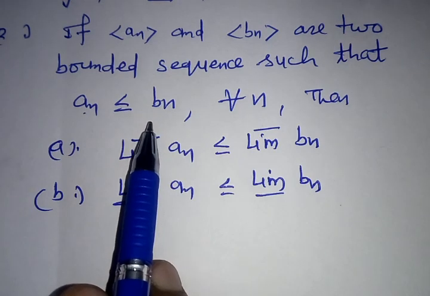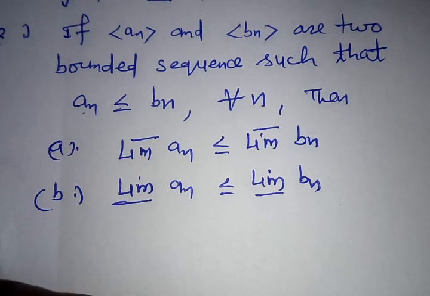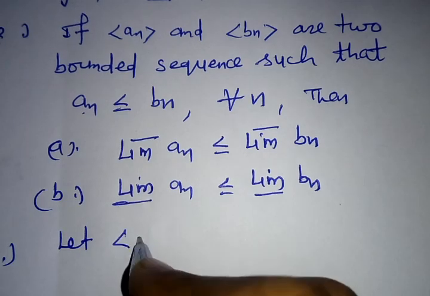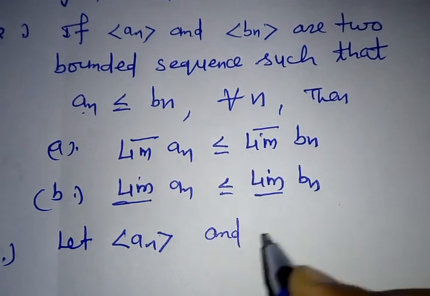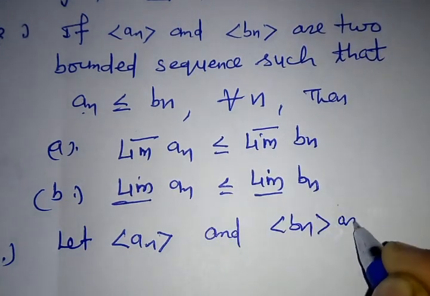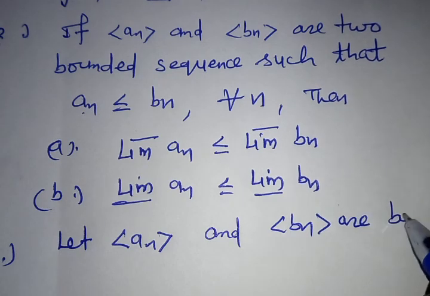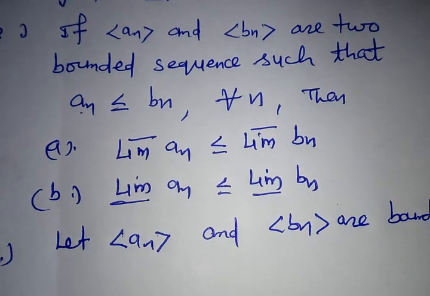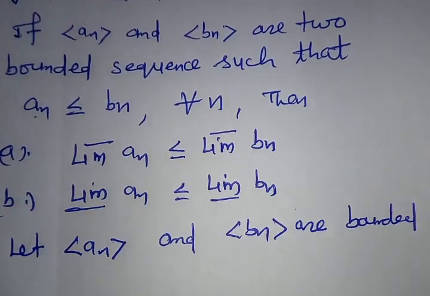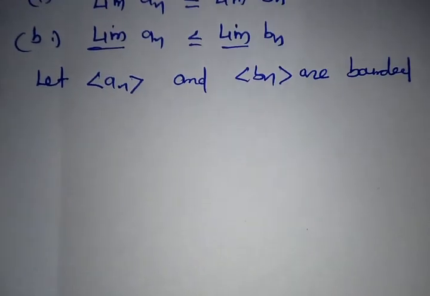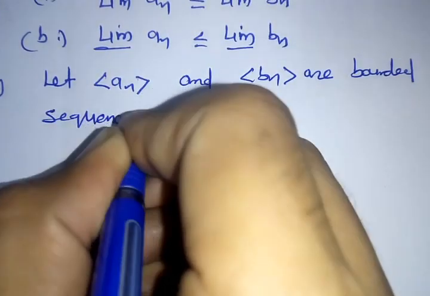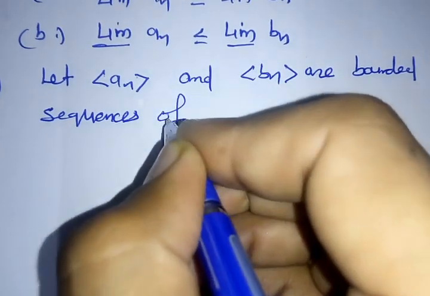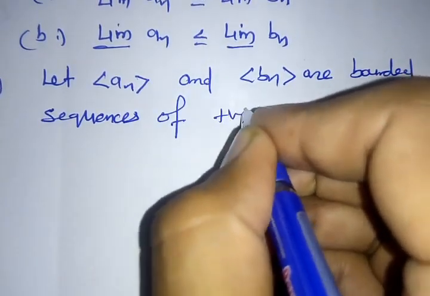Another important result, third: let an and bn be bounded sequences of positive real numbers.